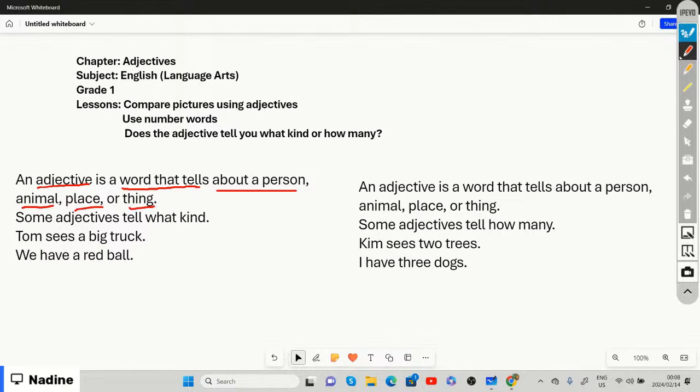It basically describes the person, the animal, the place, or the thing. Some adjectives will tell us what kind, and some of the adjectives will tell us how many, all right?